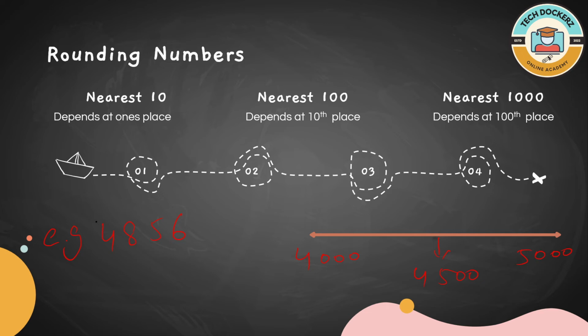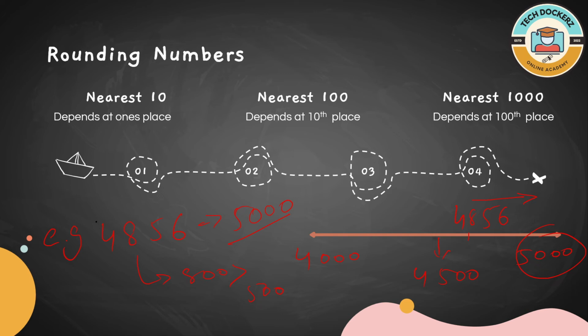And write down your number, which is 4856. What is the place value at the hundreds place? It is 800, which is greater than 500. If the value is greater than 500, the number will round to the nearest 1000, which is 5,000. So 4,856 will round to the nearest thousand, which is 5,000.